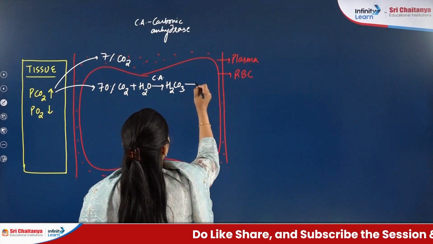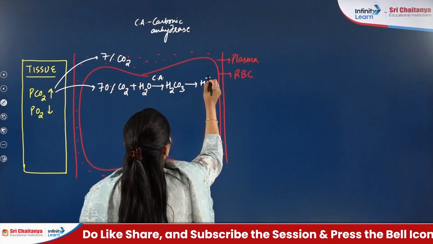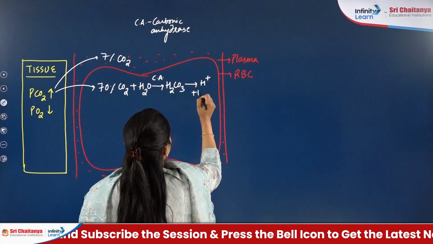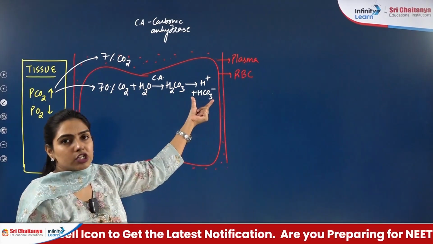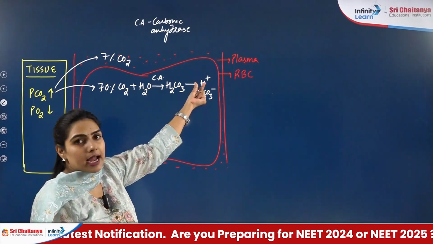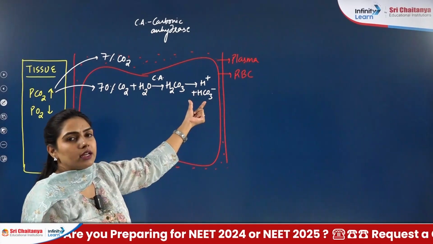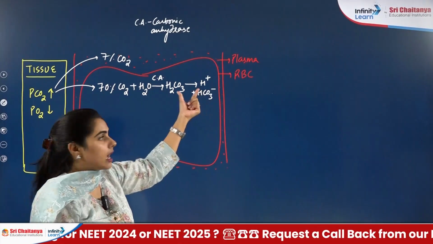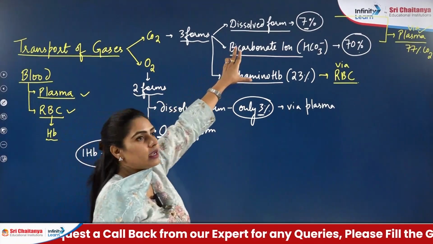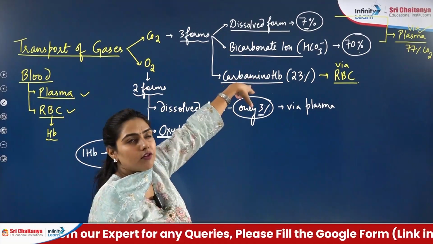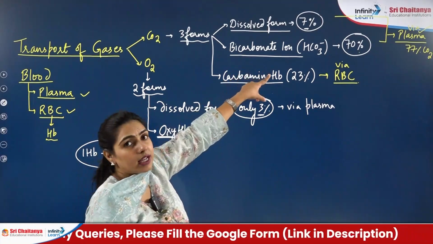Now, what will happen further to this carbonic acid? It is going to dissociate into H+ and HCO3-. This is the bicarbonate ion formation. H+ is the hydrogen ion, HCO3- is the bicarbonate ion. I have told you previously that CO2 will travel in three forms: dissolved form, bicarbonate ion form, and the third one.